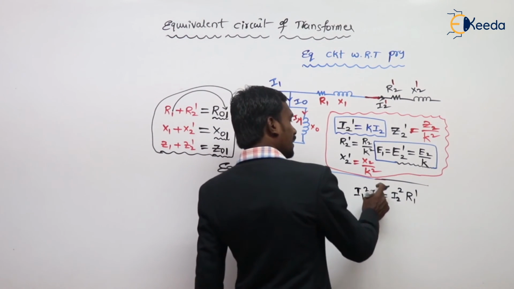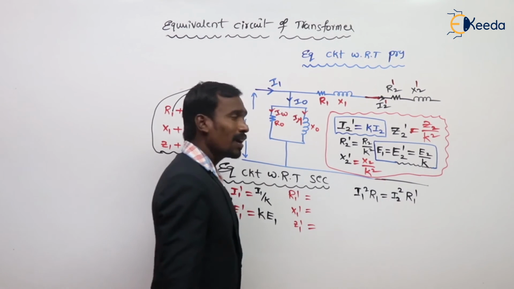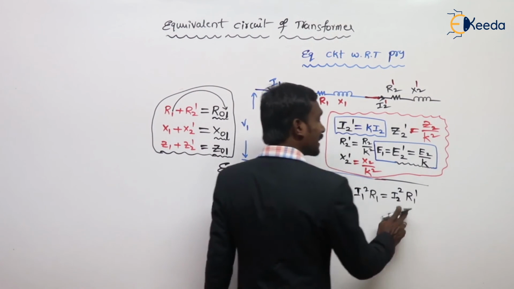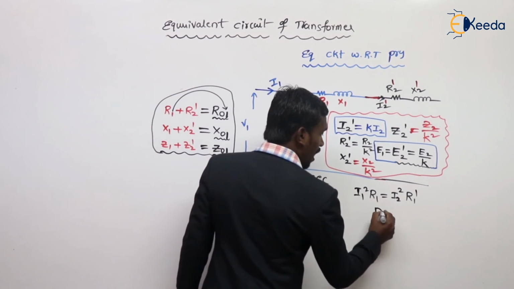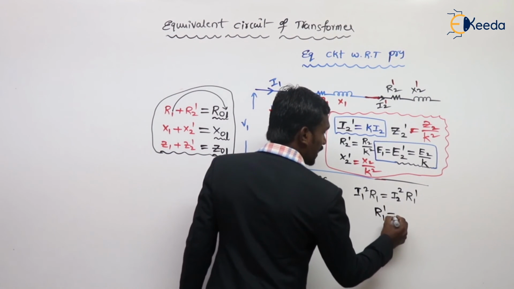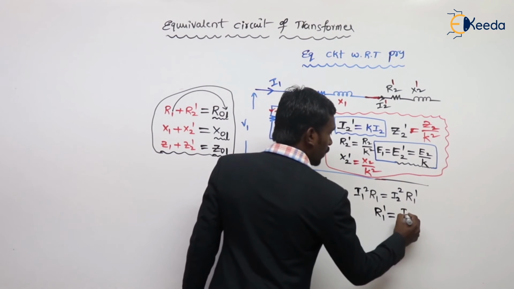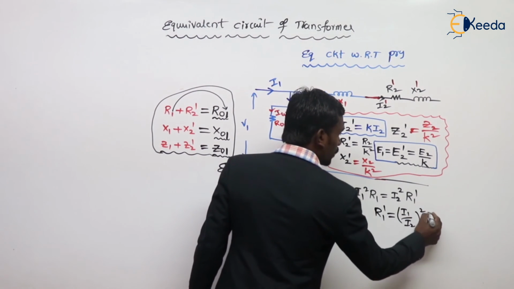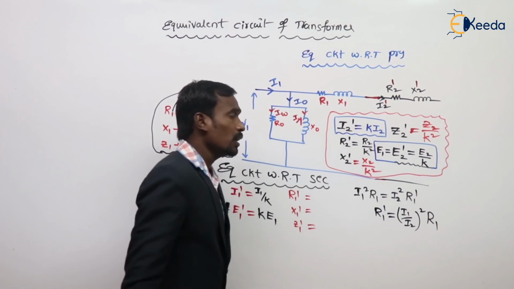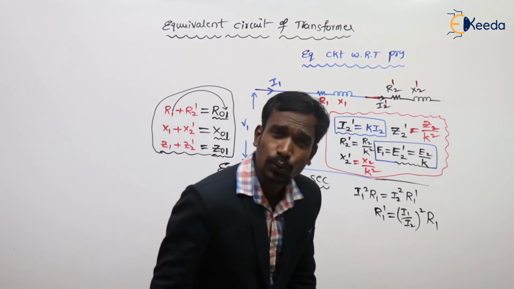Before transformation is the primary circuit, after transformation is the secondary, but the resistance is the same. So R1 dash is equal to I1 upon I2 whole square into R1. What is I1 by I2?